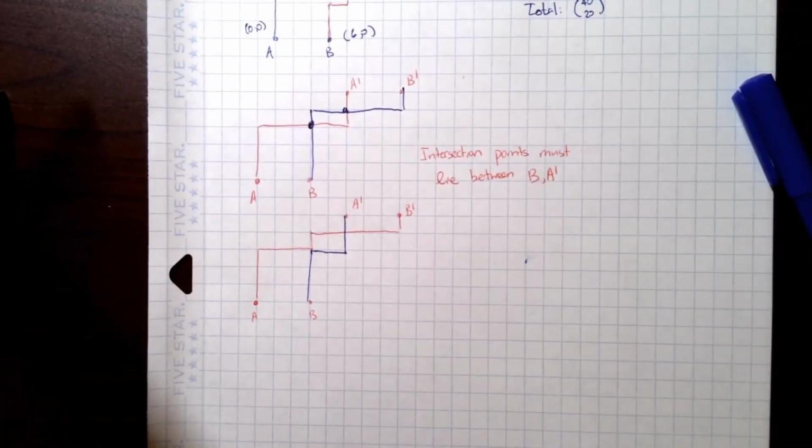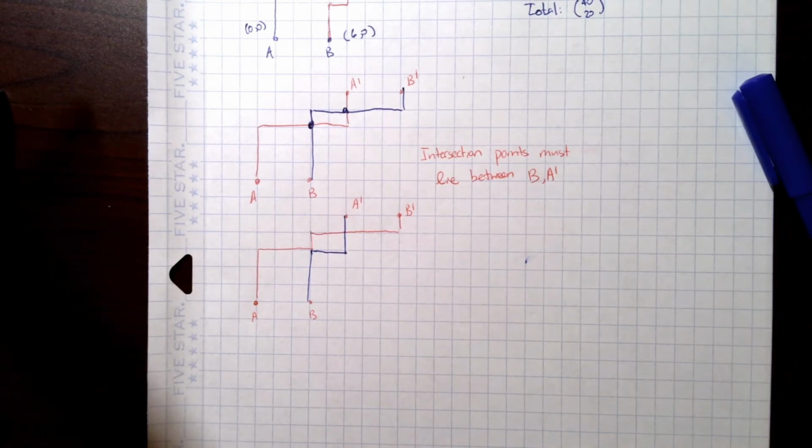Now, why is this true? First of all, all the paths in the second case must correspond to some cases in the first case, because all of the intersections are going to be between 6 and 20, and you can't have any other intersections.